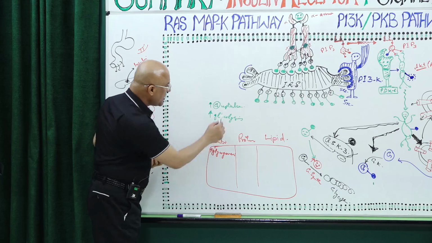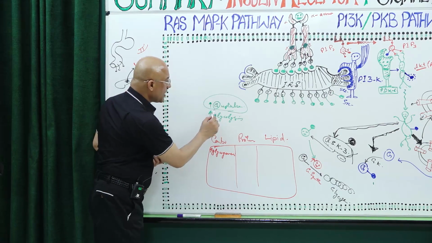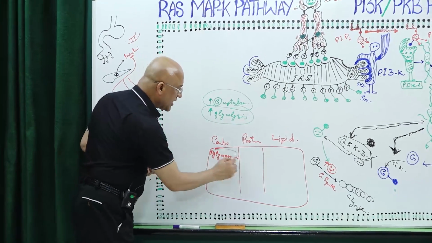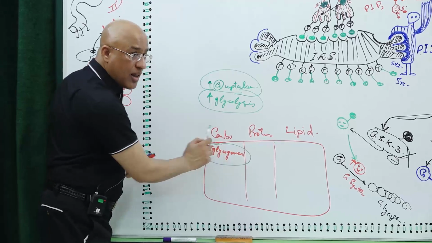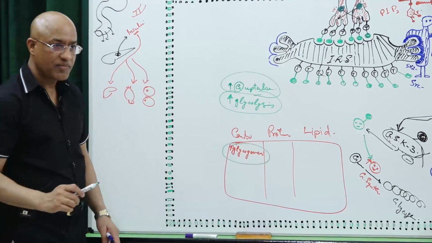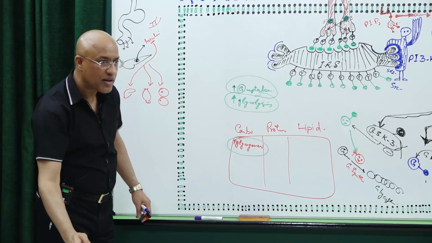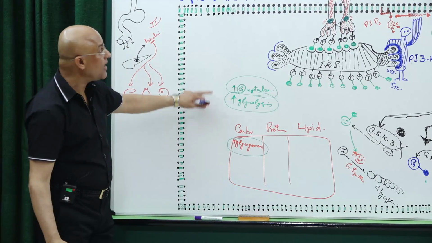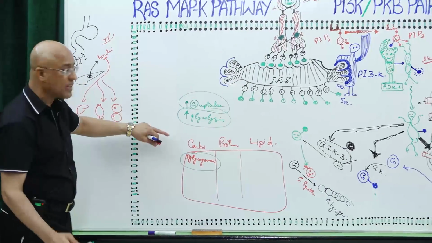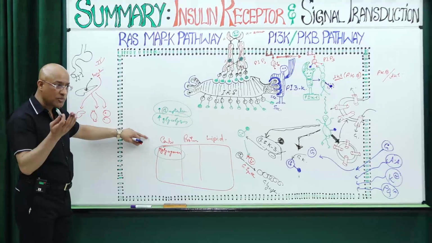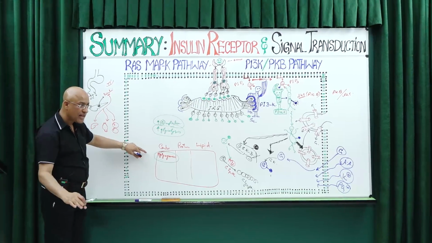So we can say glucose uptake is more, glycolysis is more, glycogenesis is more. But other enzymes which are related with catabolism will be inhibited, because an anabolic hormone should stimulate the enzymes for anabolism and inhibit the enzymes for catabolism.